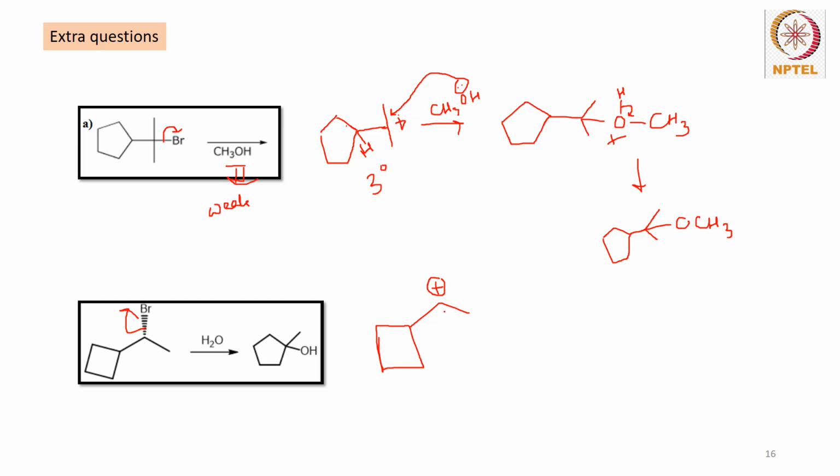And it is a 2 degree carbocation, so this carbocation is not that stable. Here it was 3 degree, so the carbocation was already stable. So that's why this bond will shift to this position.